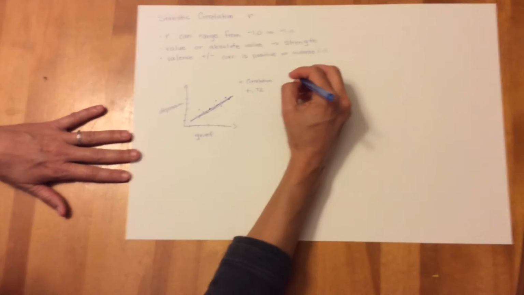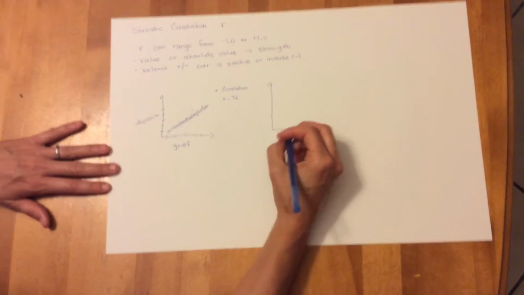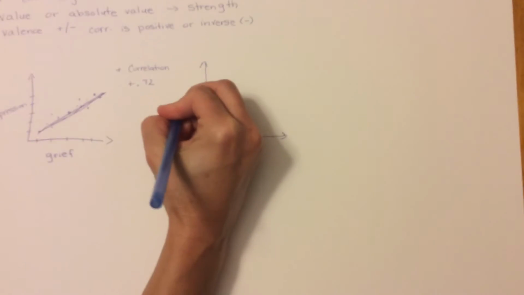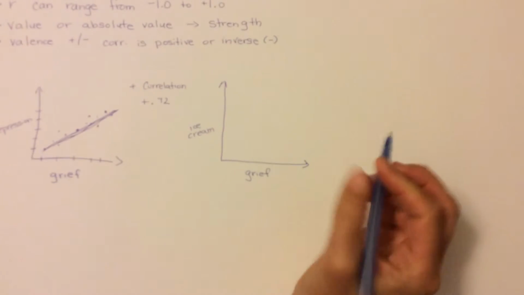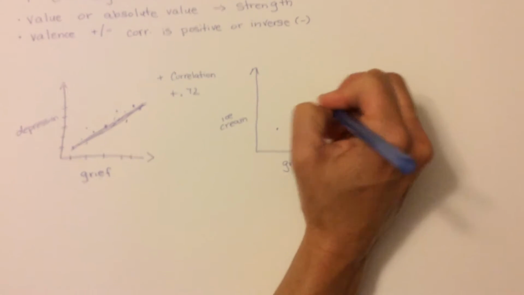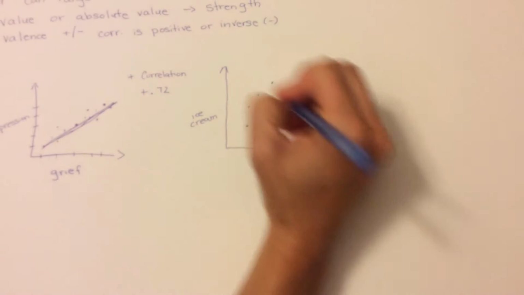A correlation of 0 might look something like this, where your two variables, let's say, are grief and your attitude toward ice cream. Maybe everybody loves ice cream, whether you're grief-stricken or not, and we wouldn't expect these two variables to be correlated. You might get something that looks more like this when you plot each individual's two scores.